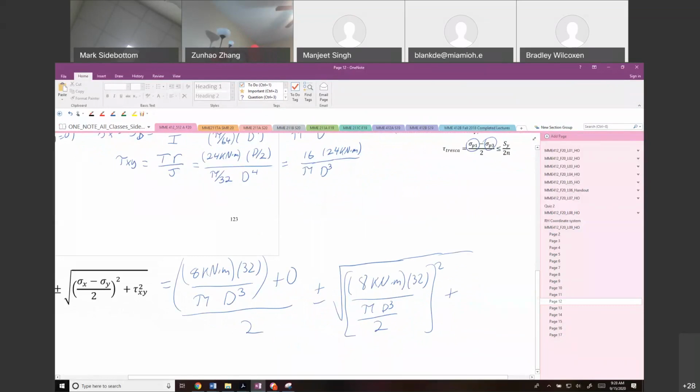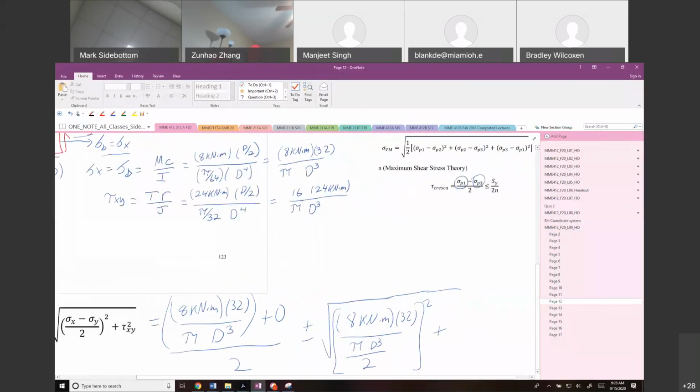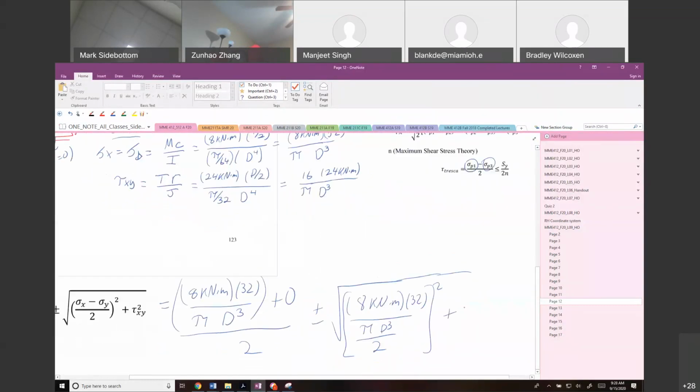Tau xy was equal to 16 times 24 kilonewton meters over pi d cubed. All right, so we can square that.